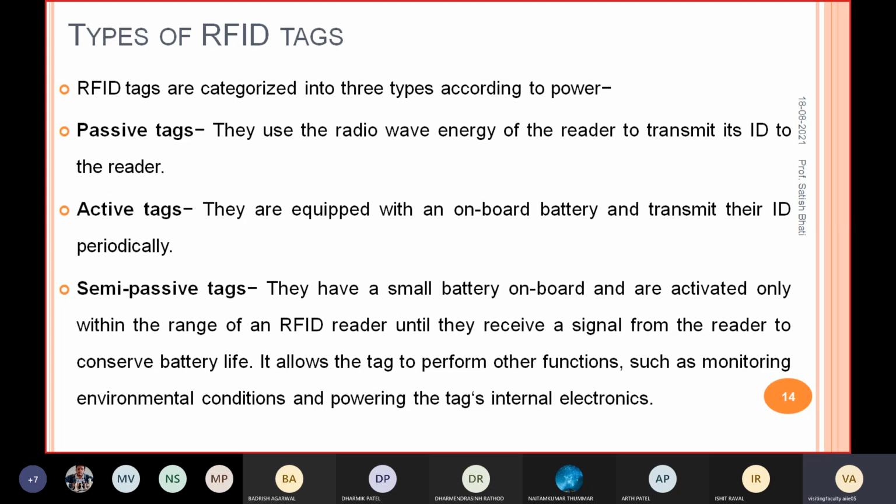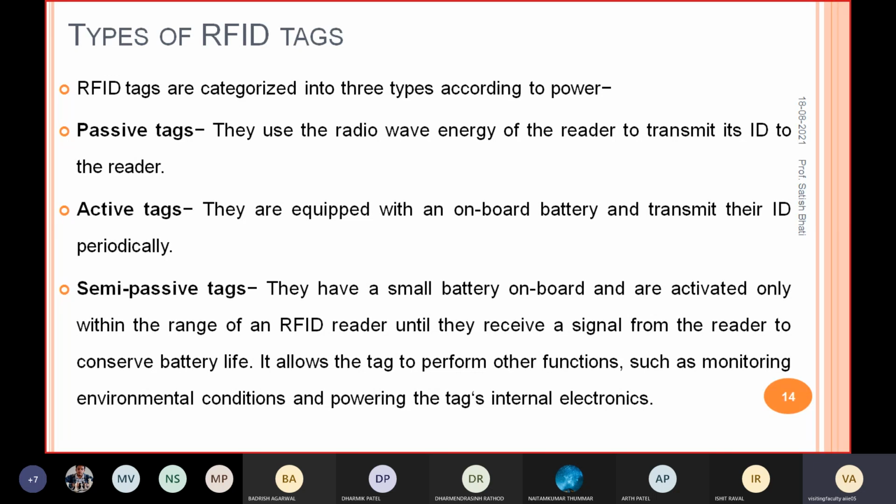The tag will not have any battery. The tag will use the power which it gets from the radio frequency wave which is sent by the reader. Right? So passive tag means it does not have its own battery or its own power supply. It will use the power of the reader, right?